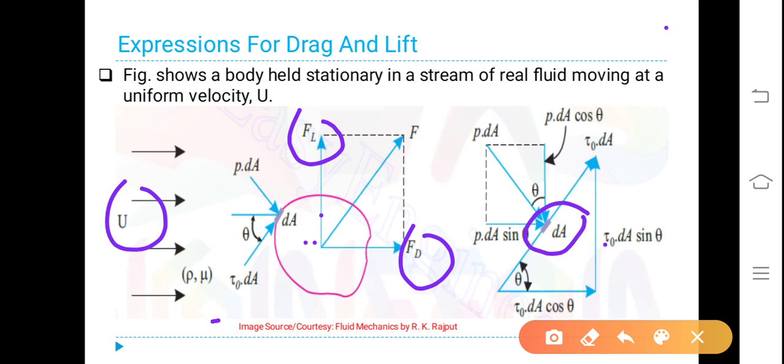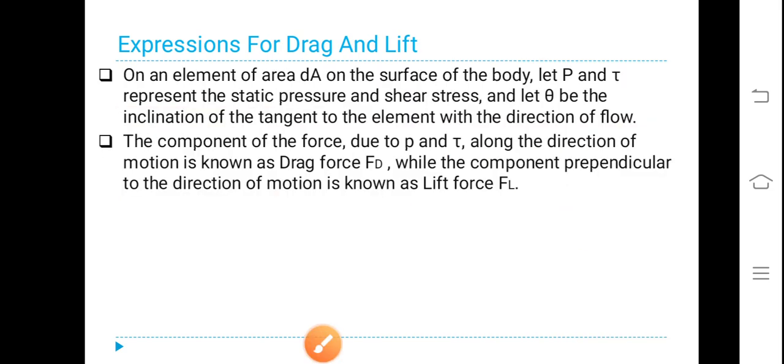For the drag component, the horizontal component of pressure force, PdA cos theta, and tau naught dA cos theta, both are acting in the same direction on that elementary area dA, whereas the lift forces are acting opposite to each other.